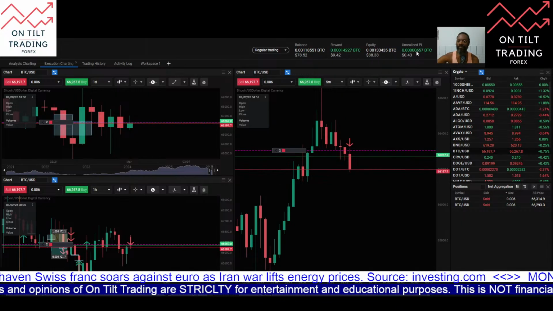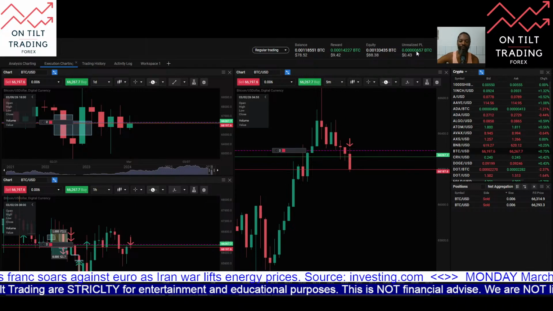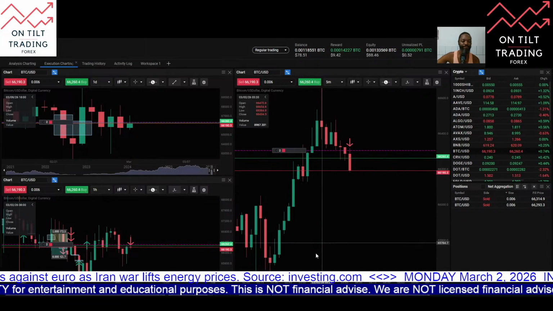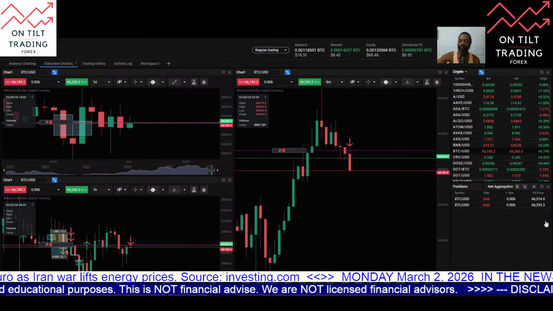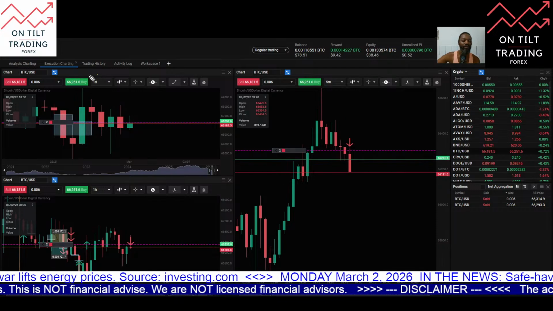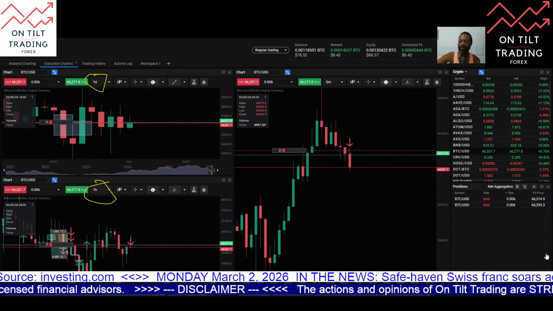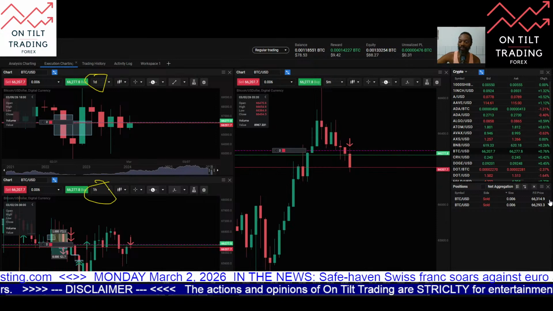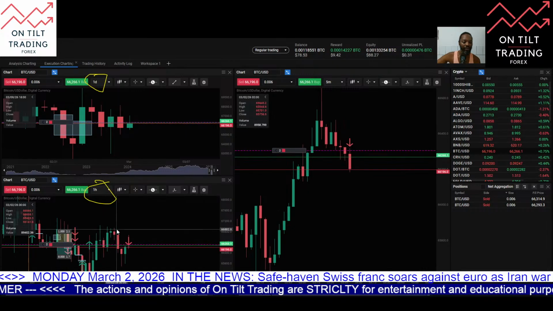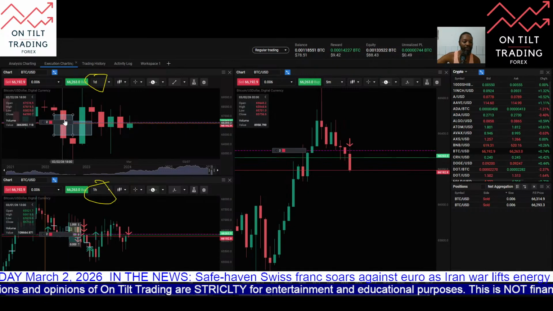and seeing delivery here to the sell side since entering. Here on the daily, you'll see my overall target, and then you can see my two overall targets here.